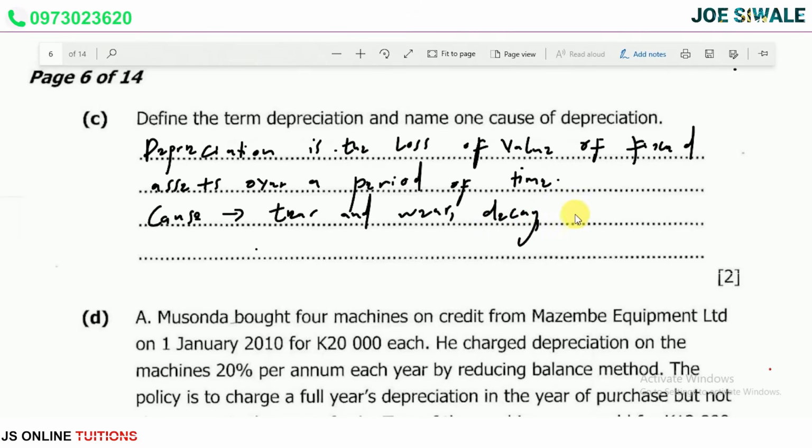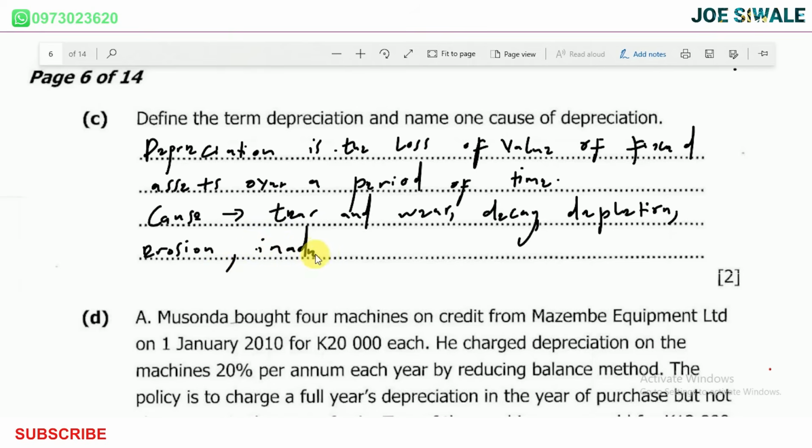The other cause of depreciation is erosion. And the other cause is inadequacy. These are some of the causes of depreciation, and according to our question, it just requires one, so you can just give one cause there. Let us proceed and look at question D.